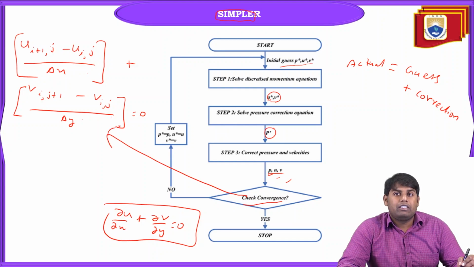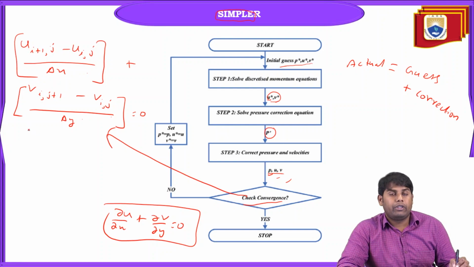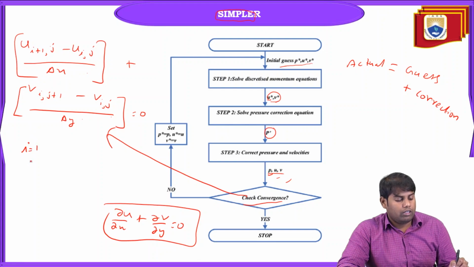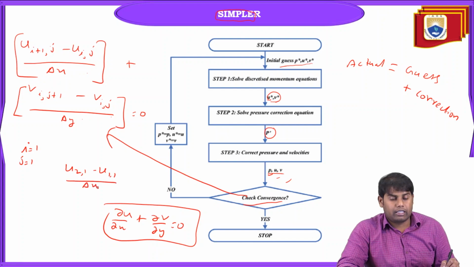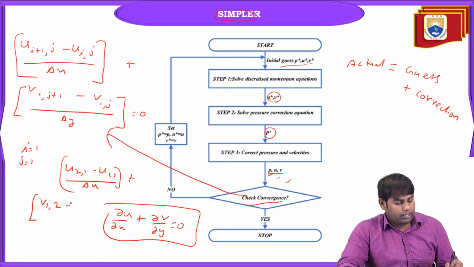Let us take the i value as 1 and the j value as 1. So this will result in u2 comma 1 minus u1 comma 1 divided by delta x, plus v1 comma 2 minus v1 comma 1 divided by delta y equal to 0.